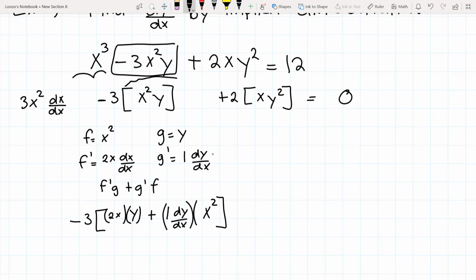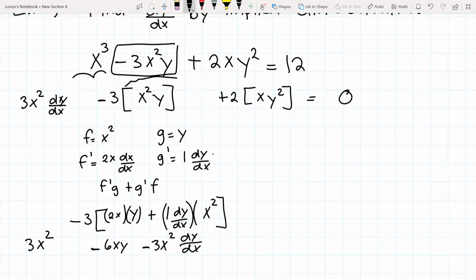So when you FOIL that out, this is going to be minus 6xy minus 3x squared dy over dx, right? And then you have this 3x squared dx, or just 3x squared, right?